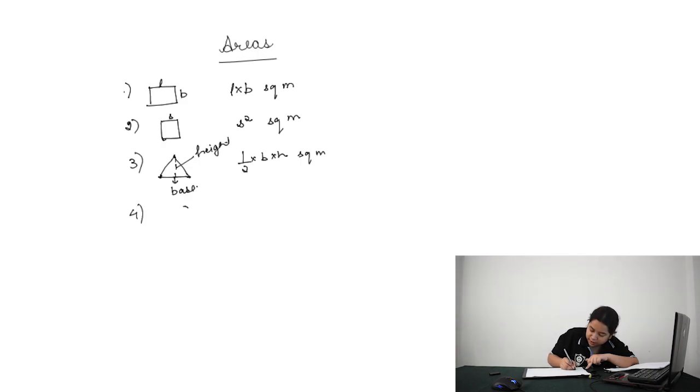Then we have a circle. The area of a circle is pi r square. R is the radius of the circle. Then we have a trapezoid. The area of a trapezoid is 1 by 2 into a plus b into height.